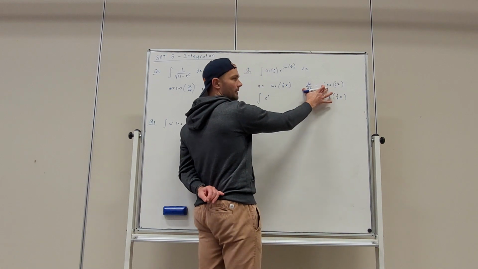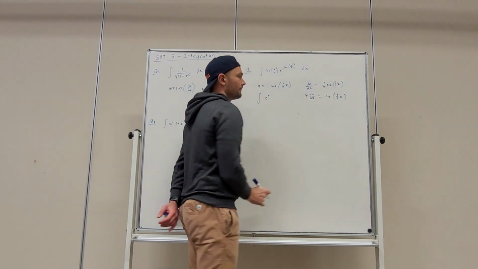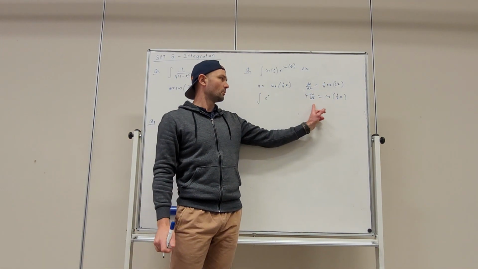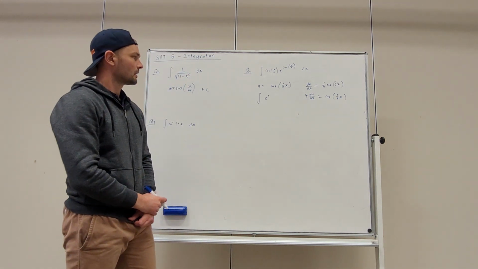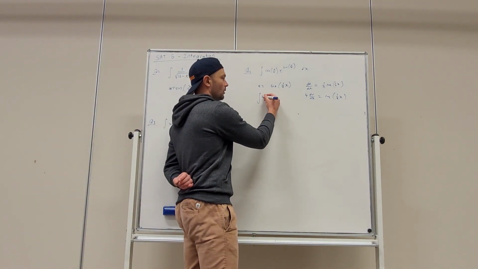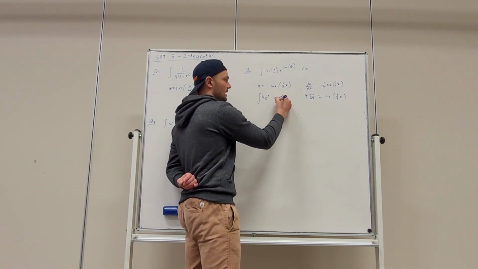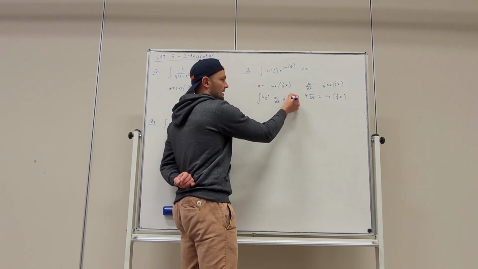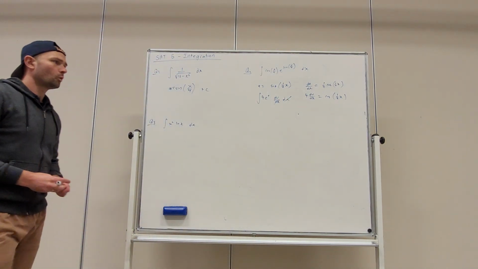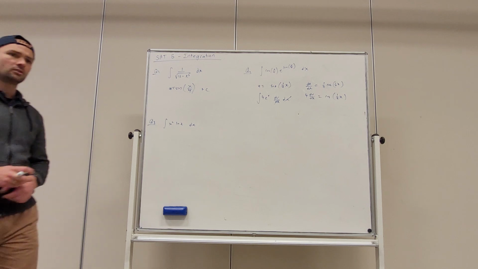Based off that equation, I can multiply both sides by 4, and we get 4 times du on dx is cos of a quarter of x. So then what we have here is 4e to the u, du on dx, dx. The dx's are cancelling. So we have 4e to the u with regards to u.